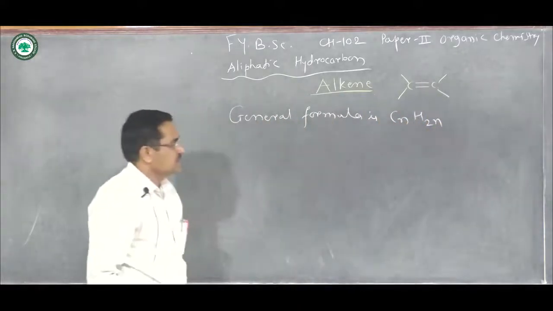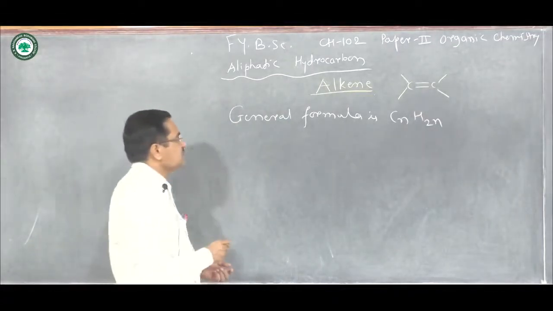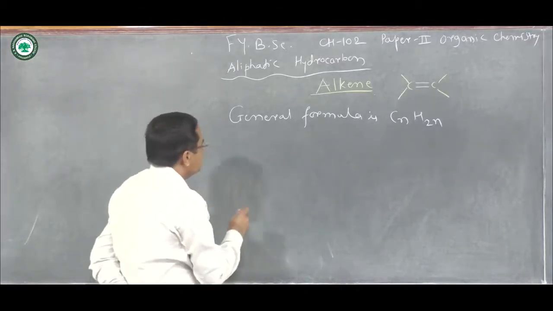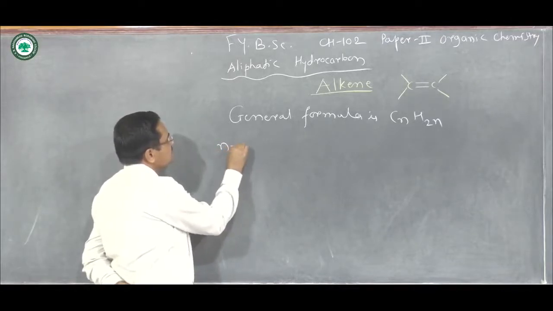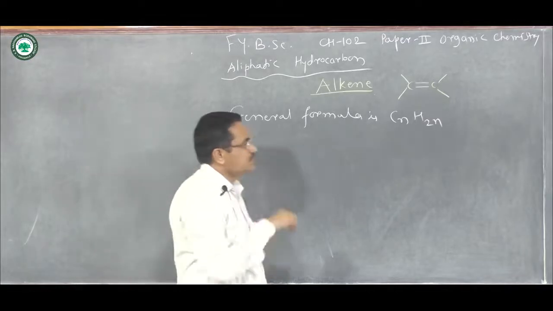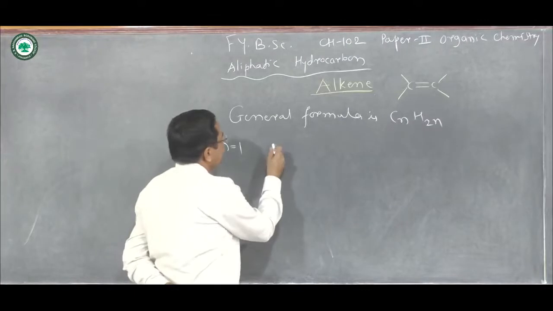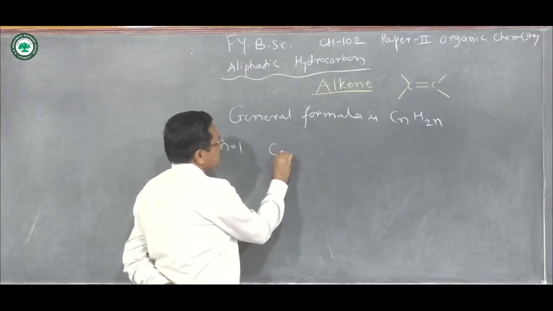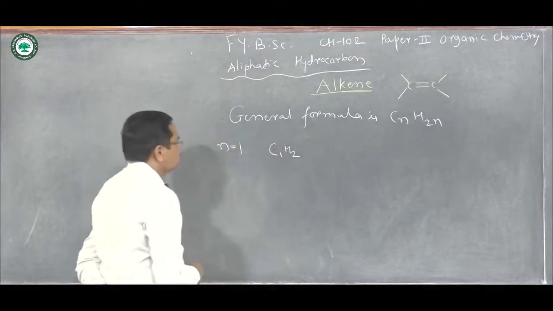CnH2n. Now we will see here, by putting the value of n, and we discuss about the homologous series of the alkene family. Now suppose here n equals to 1, then formula becomes C1H2.